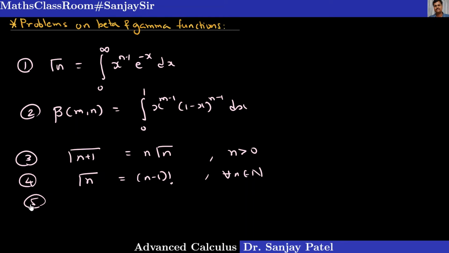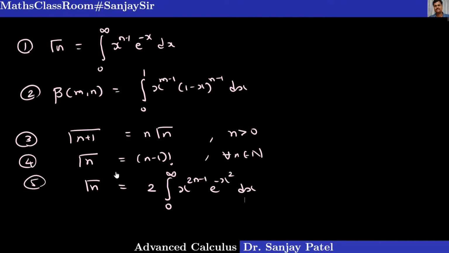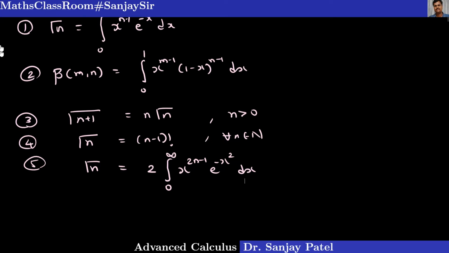Then we have another very useful result about the gamma function: gamma n can be expressed as 2 times the integral from 0 to infinity of x raised to 2n minus 1 into e raised to minus x square dx. So these are a few results about gamma functions.